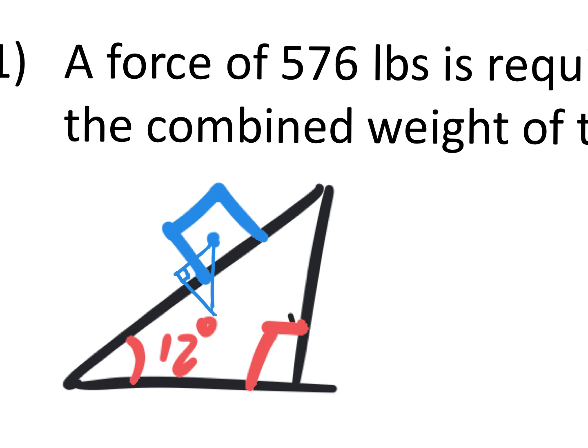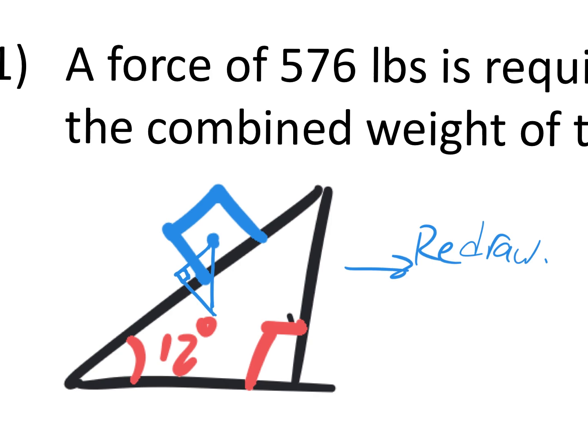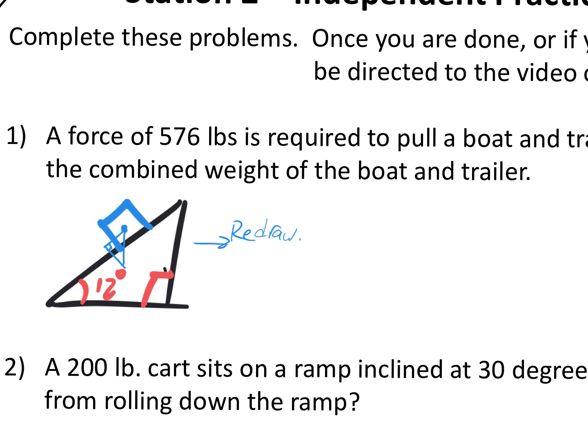So what we will do is redraw this as the triangle that we want to solve, with the vectors that are more useful to us. In this form, the vector is always the weight of the object, and then the two component sides are like this.